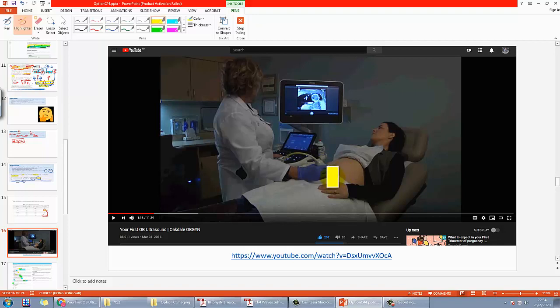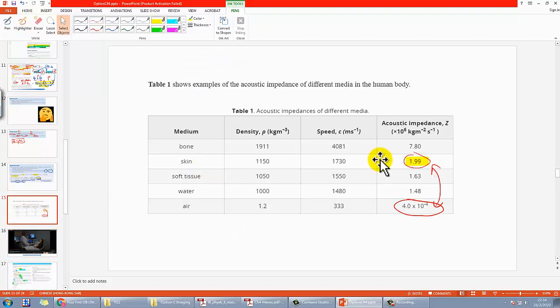Yes, technically you may say that, but it's very hard, because when you have no air between the skin and the probe, then basically it's a vacuum, and I don't think anyone would want to have that. So we rather use the gel to fill up all the gaps, and that gel has to be of a similar impedance to the skin. Okay, so that is the idea.